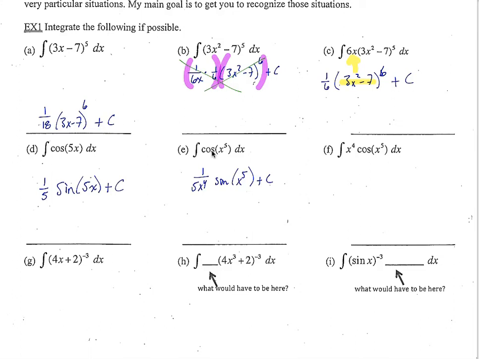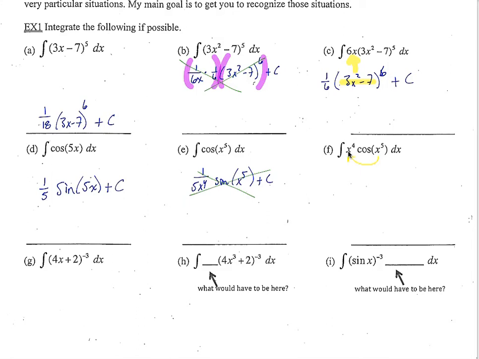So this one fails, but its neighbor, f, has got the x to the 4th sitting right here, waiting for us. Right? The x to the 4th is the derivative of the inside function.